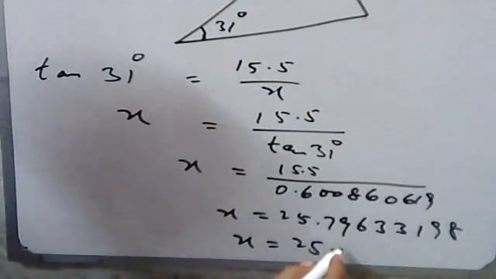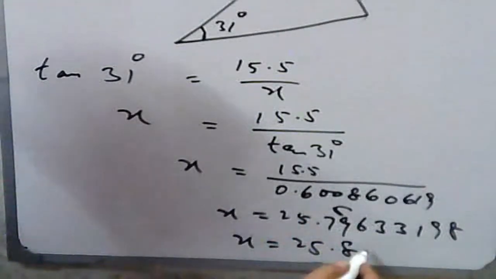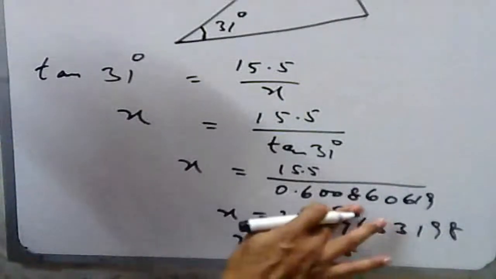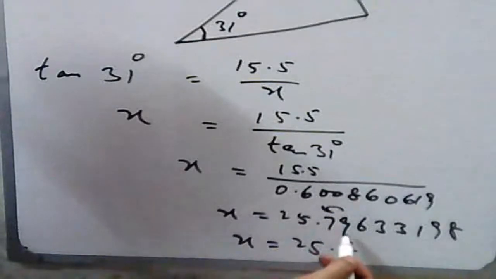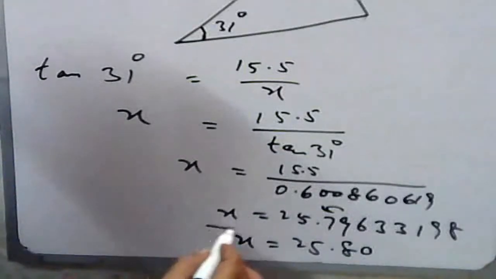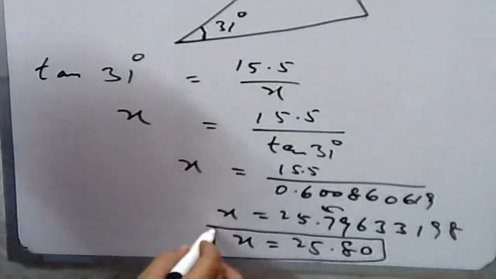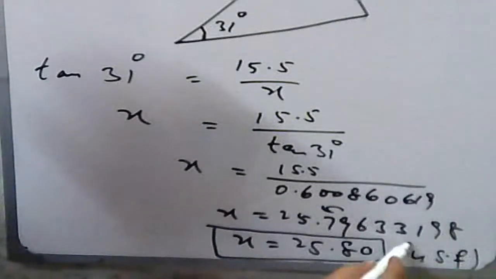Because the following digit is greater than 50%, the 7 becomes 8, and at the last nothing is left, so it becomes 0. So 25.80 is your required result up to 4 SF.